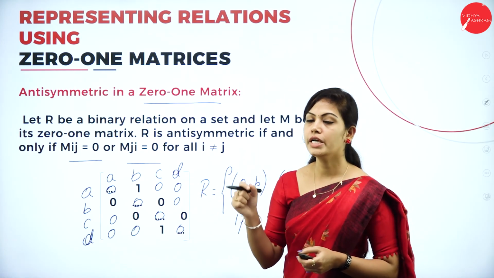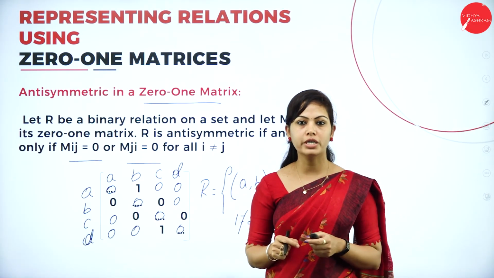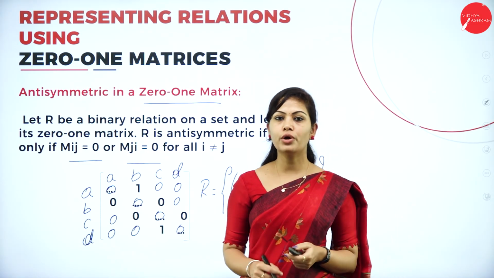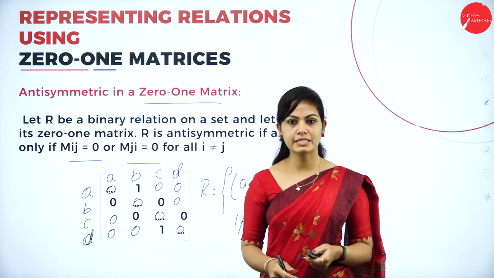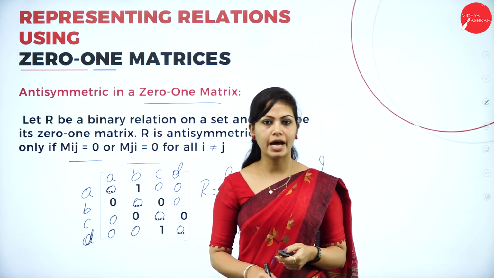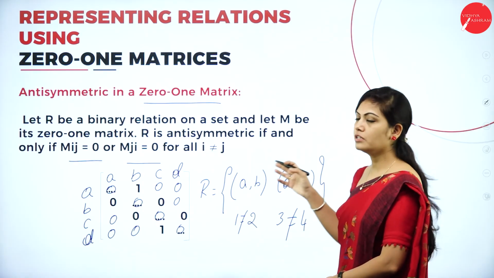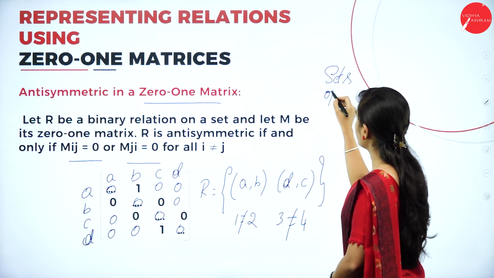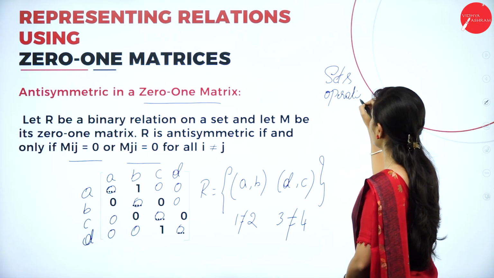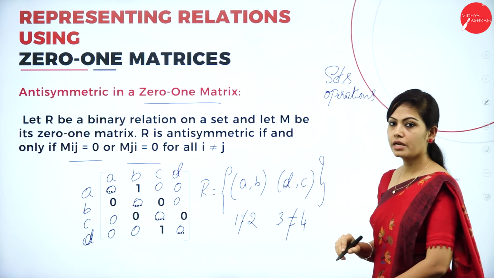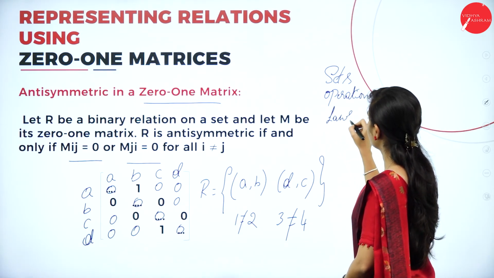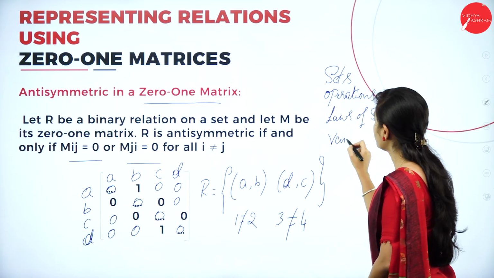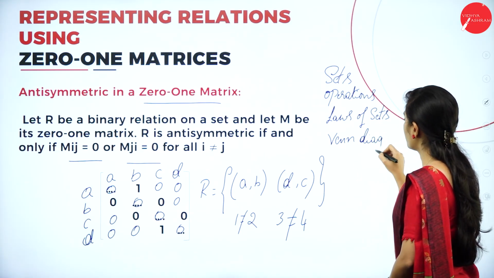So this is about the 0-1 matrix and Boolean products on a 0-1 matrix. Dear students, we have already completed many topics in Unit 1. Still, you have one more unit, called Hasse diagram. In my next session, I will discuss partial orders and the Hasse diagram. So please practice all the problems on the first unit. I have discussed sets and operations on sets, laws of sets, and Venn diagrams. The Venn diagram is a very important concept.